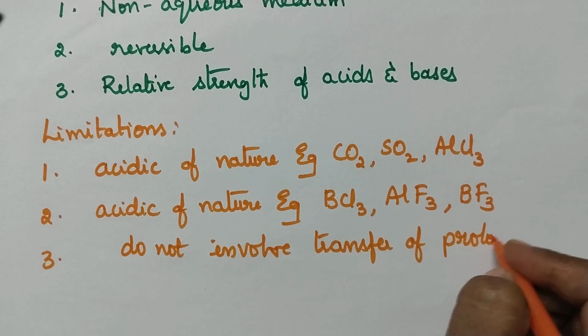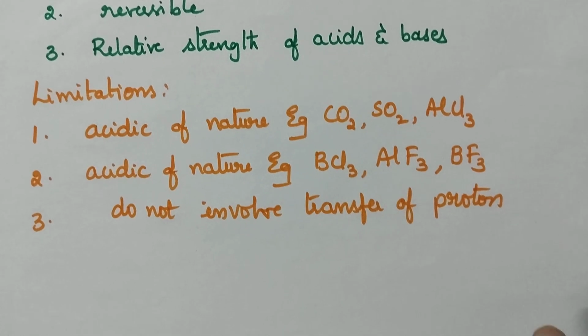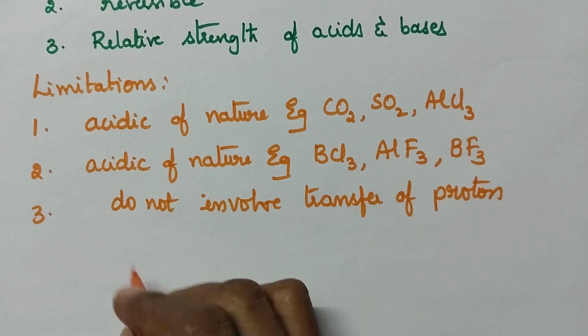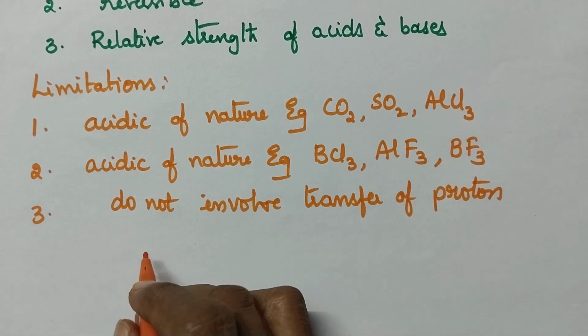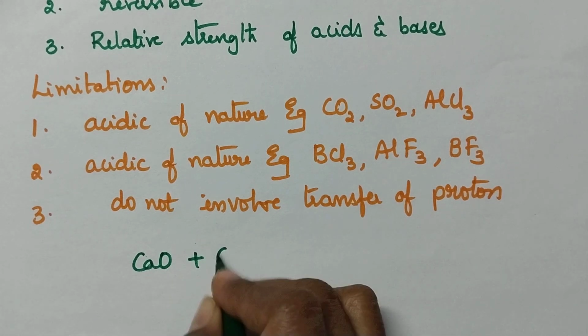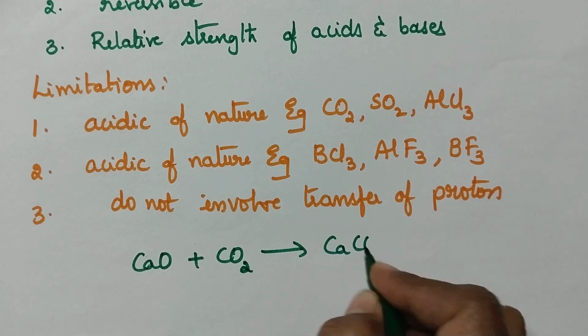So according to Bronsted theory, what is meant by a neutralization reaction? It involves the transfer of a proton from an acid to a base. Let us consider one example. Whenever calcium oxide is treated with carbon dioxide, it results in the formation of calcium carbonate.